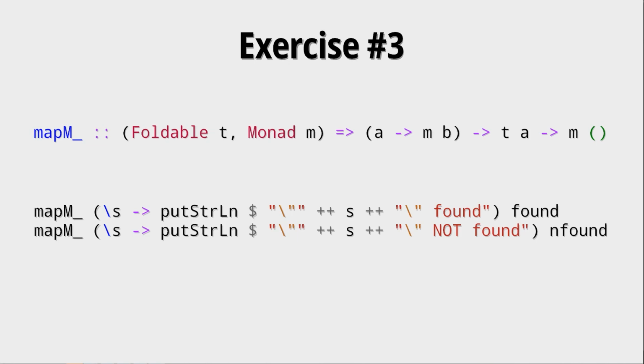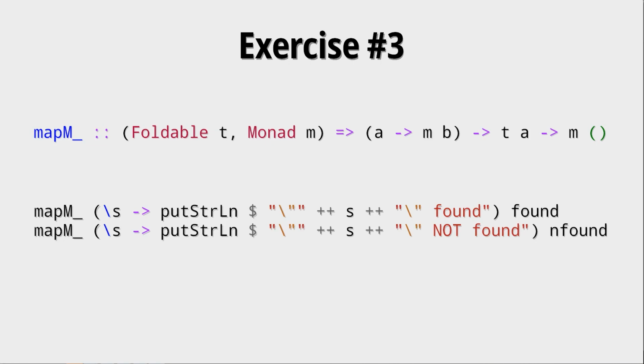It goes through all the elements of the foldable, in this case our list, and it applies this IO action. So it could be that this is not an IO action, but some other monad. In this case, we wouldn't do a bind, right? So we don't do a bind here, but what we do is this anonymous bind that we had for the monads.